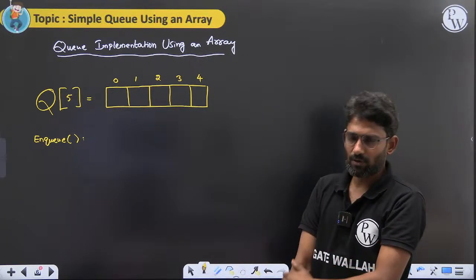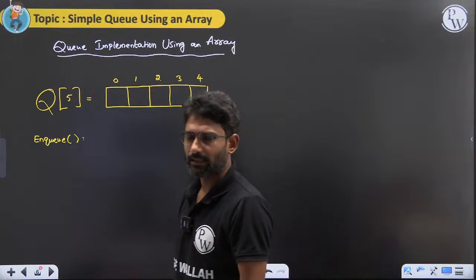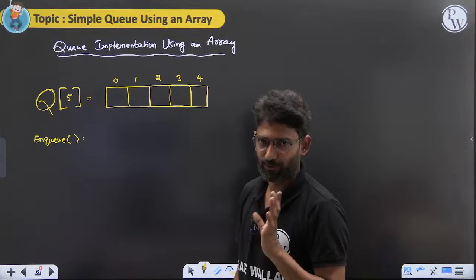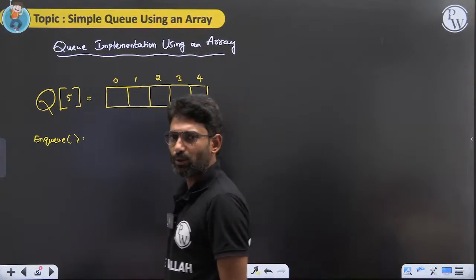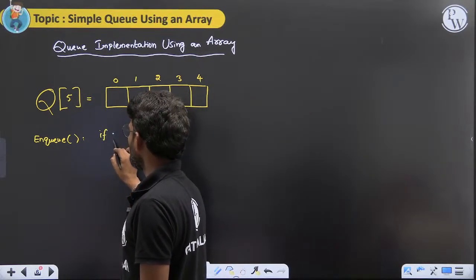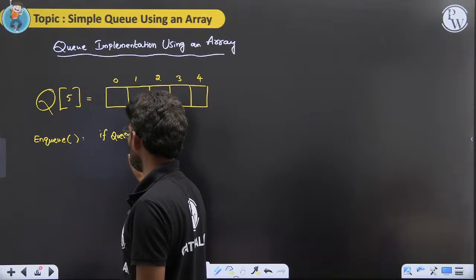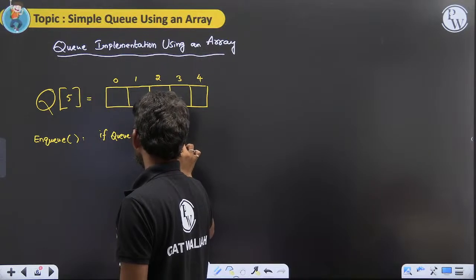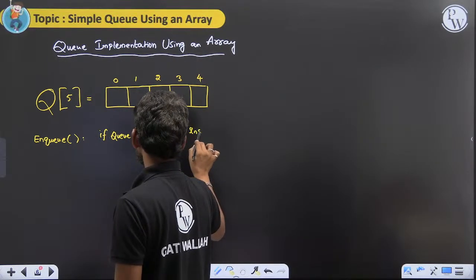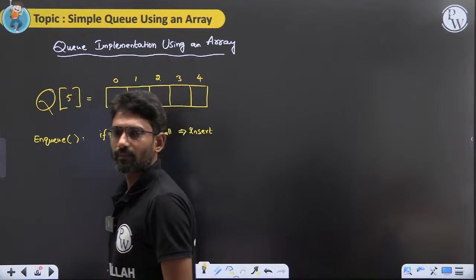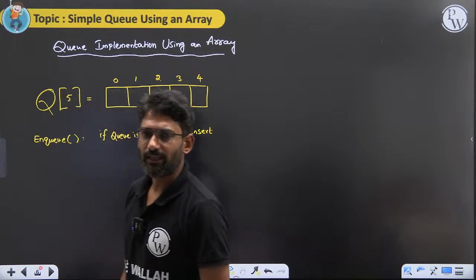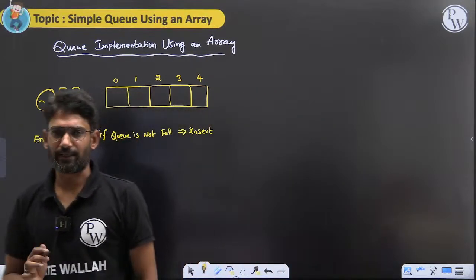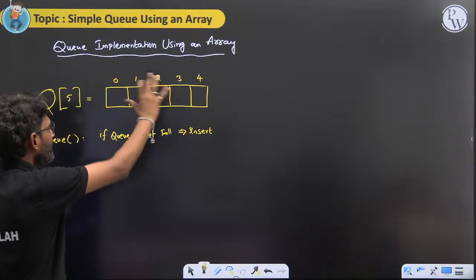So we have to always make sure that the queue is not full, or not overflowing. So you can enqueue, if the queue is not full, then you can insert. Insertion happens from which end? Rear end. Deletion happens from which end? Front end.